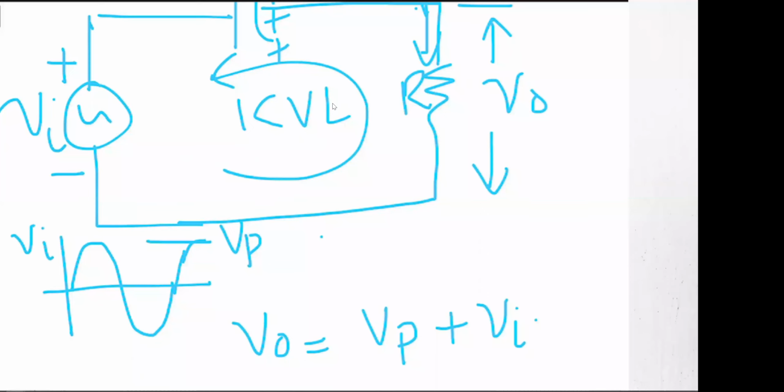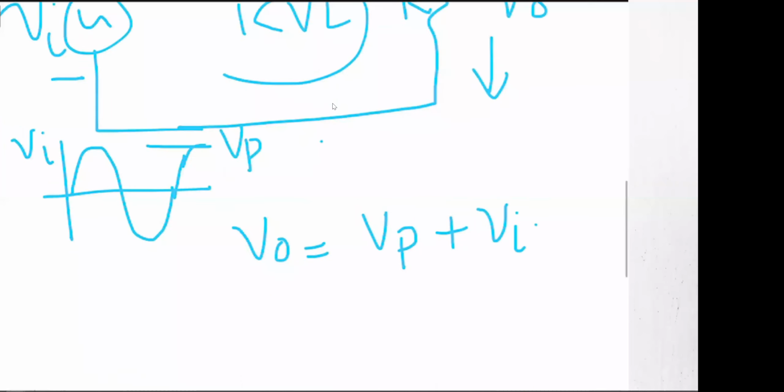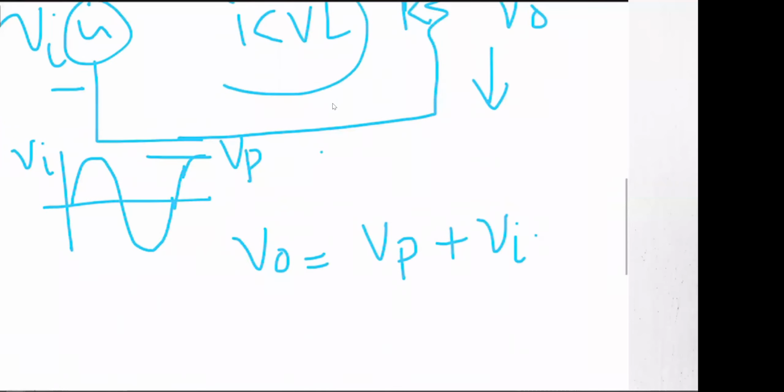So if we want to find the maximum output value, V naught max, it will be equal to Vp plus the maximum input value.